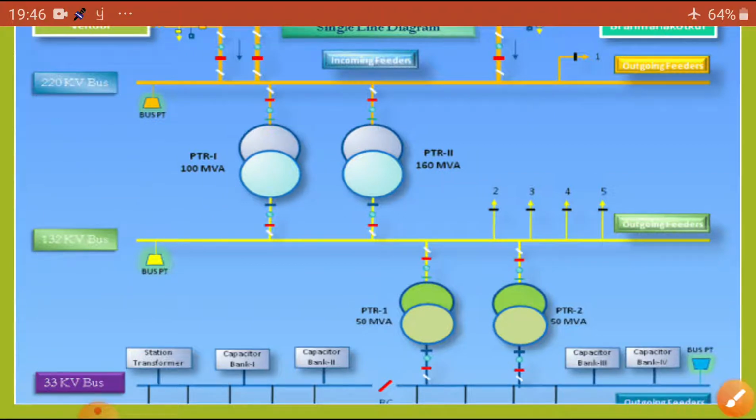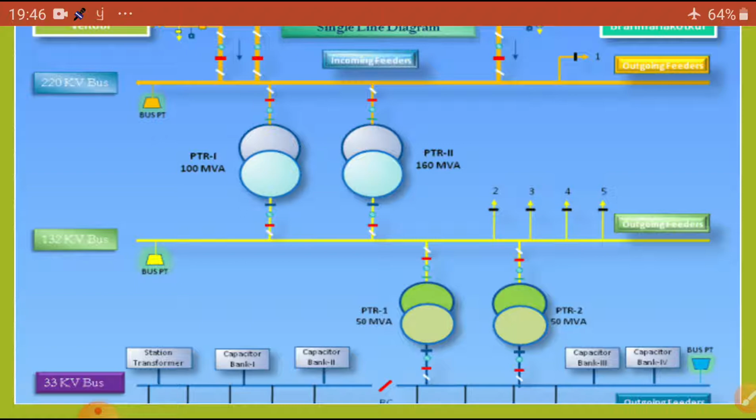The substations are classified based on different purposes and applications. That may be step-up substations, primary substations, secondary substations, distribution substations, industrial substations and mobile substations. These are based on the purpose.